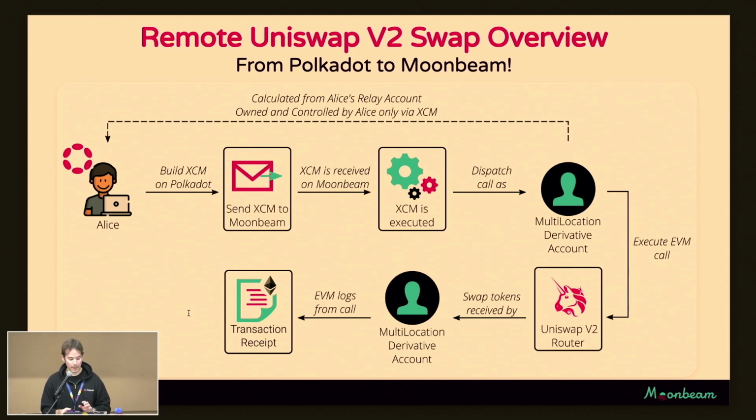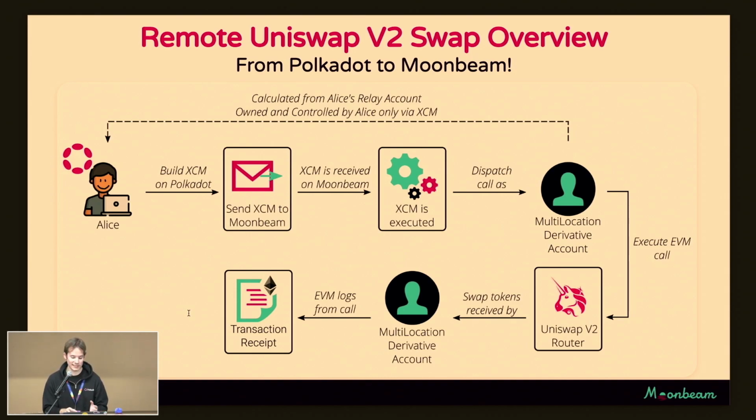Well, Polkadot uses a different type of account structure than Ethereum. And for Moonbeam's Ethereum compatibility, it was very important that we used Ethereum accounts. We want to provide a very seamless experience, and having an Ethereum account is crucial to this. So we don't assume that Alice has an account on Moonbeam.